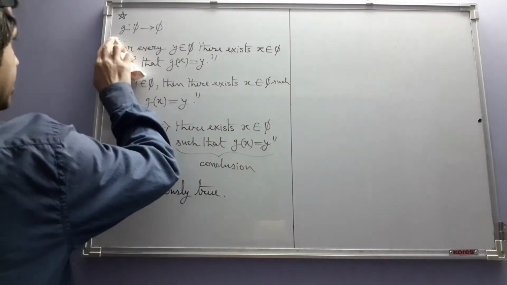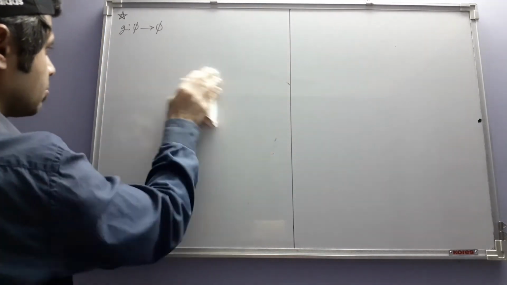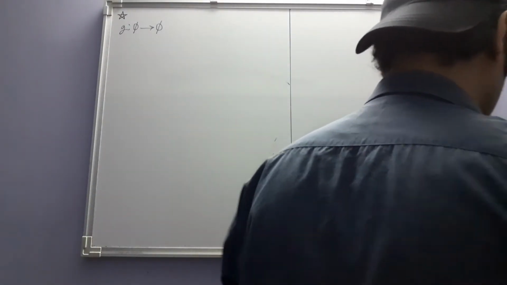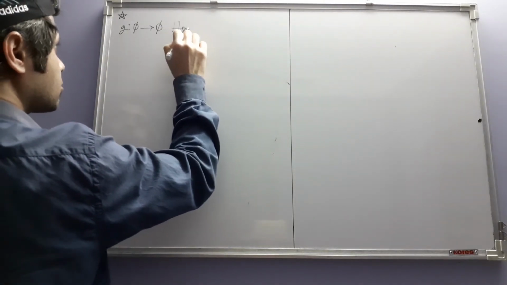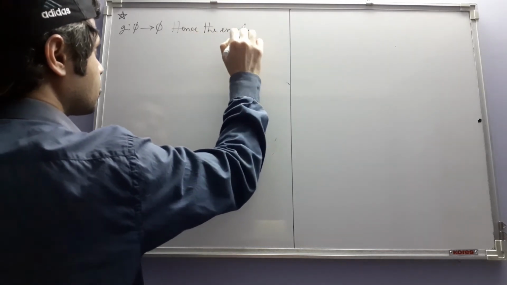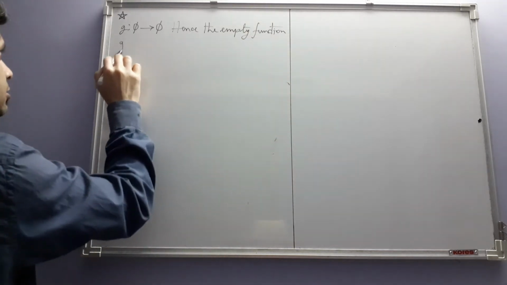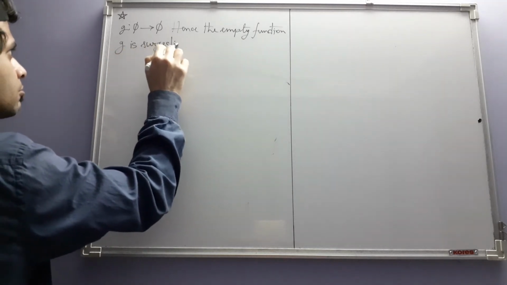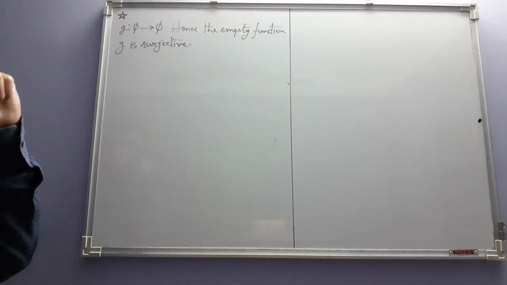So we can now say this: hence the empty function g is surjective. So what do we find from this?